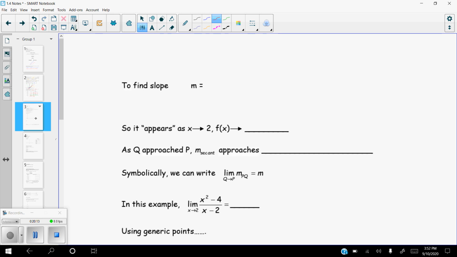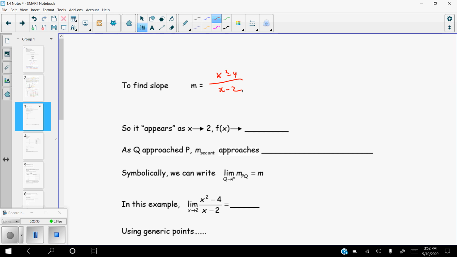So to find the slope, we're going to use the equation that we just came up with, which is x squared minus 4 over x minus 2. And we're going to talk about a little bit of notation here.